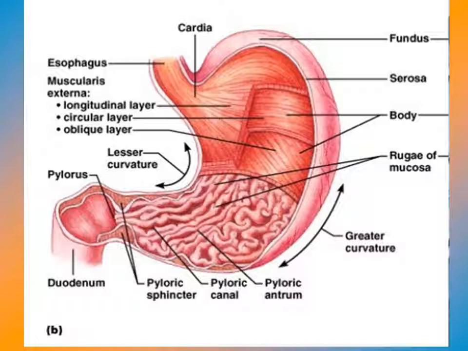It has an anterior surface, posterior surface, greater curvature, lesser curvature, and two openings: with the esophagus at the gastroesophageal junction, and with the duodenum through the pylorus.